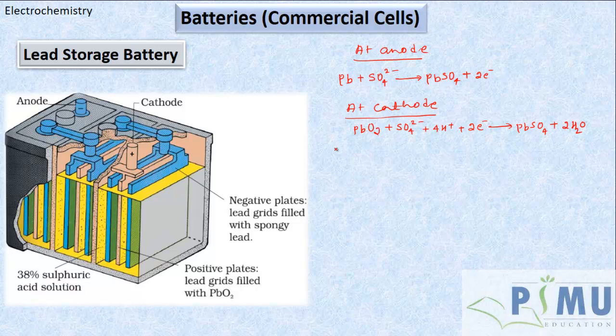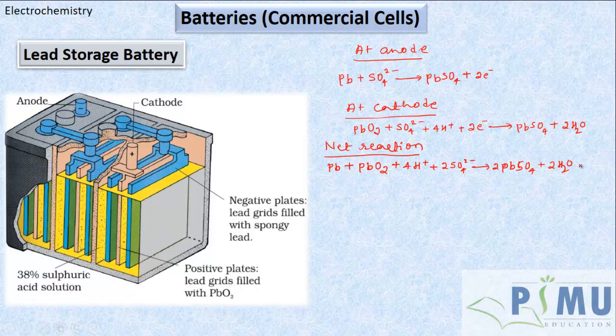The net reaction is Pb plus PbO2 plus 4H+ plus 2SO4 2- gives 2 PbSO4 plus 2H2O.